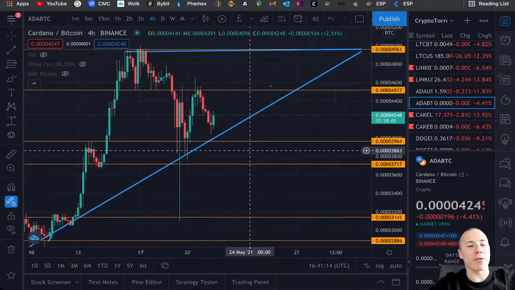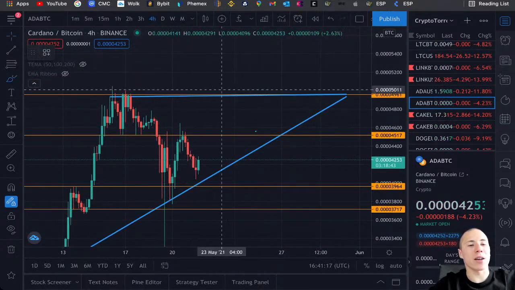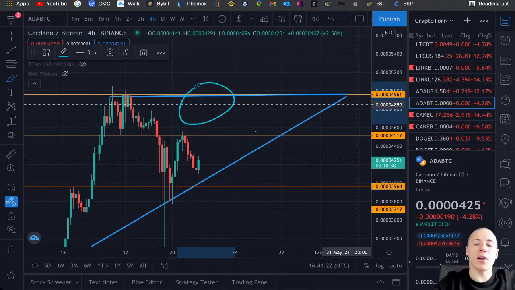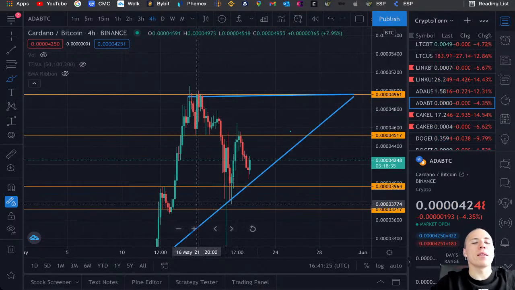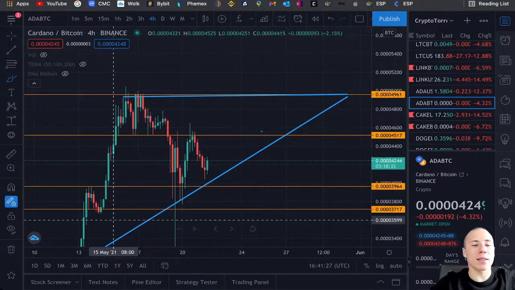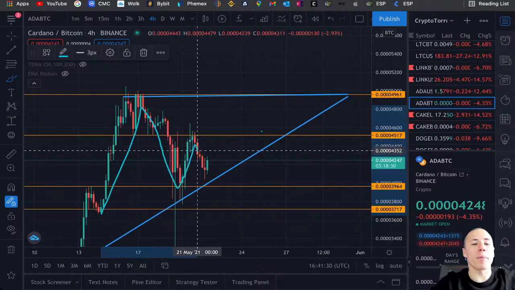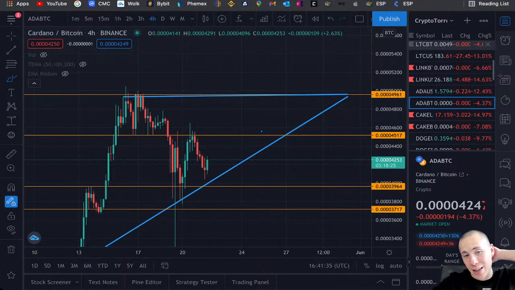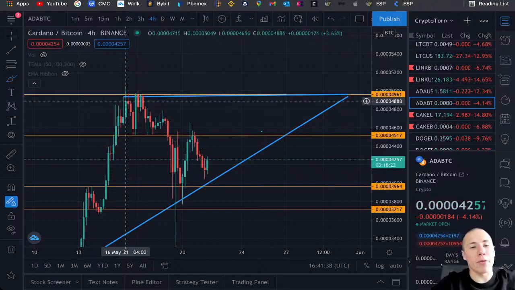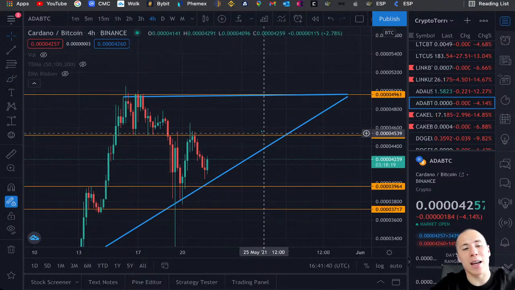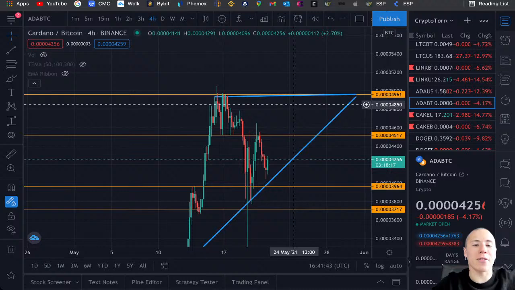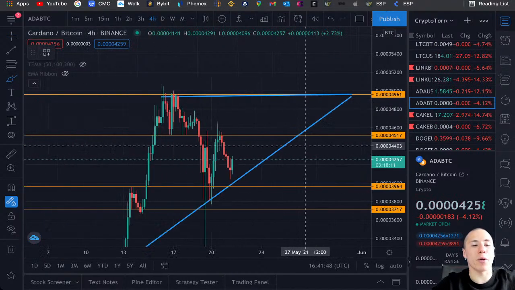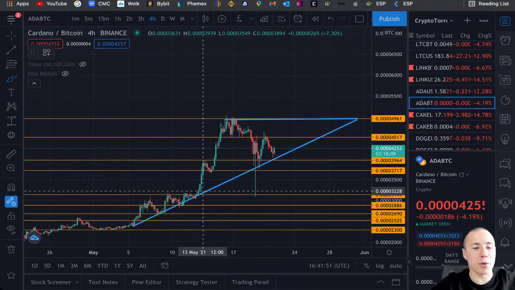I'm still waiting for a test of this horizontal level of resistance on the upper area before calling this an ascending triangle, but right now it is looking to form a possible ascending triangle, and once it breaks out of this triangle, it will be a huge move, especially for Cardano, if it is able to stay inside of this uptrend and find support on top of this ascending support line, where we already saw in the past multiple touch points as well.